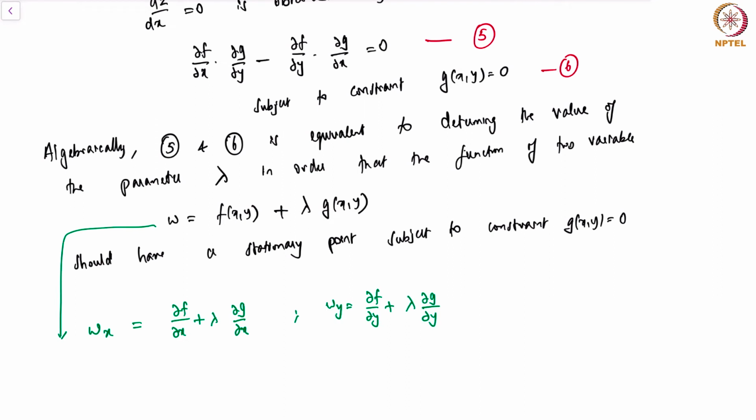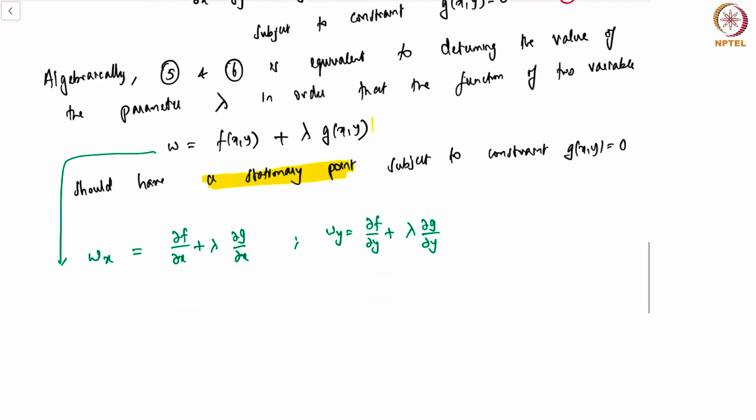Now, if the tangency condition has to be met for this auxiliary function, then all the derivatives of w have to go to 0. Correct? Essentially, if this function of two variables w should have a stationary point, that simply means that the derivatives of w have to go to 0.